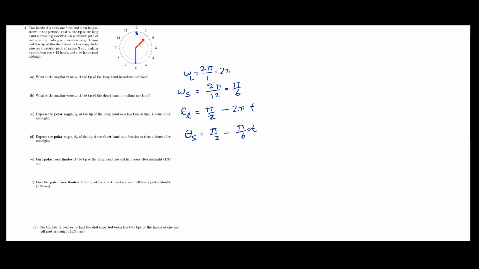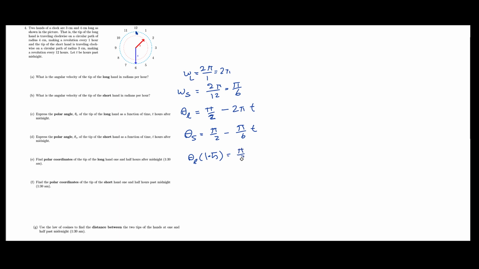Now, it's asking us to find the tip of the long hand 1.5 hours after midnight, at 1:30. This is a function of time, so I need to find theta L at 1.5, because it's 1.5 hours past midnight.